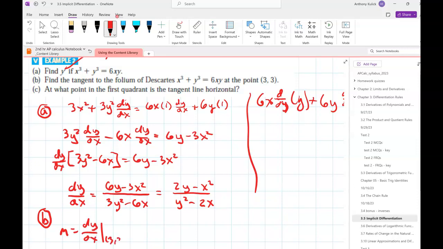I use dy dx and I plug in 3 for x and 3 for y. So 6 minus 9 is negative 3. 9 minus 6 is positive 3. So my slope is negative 1.